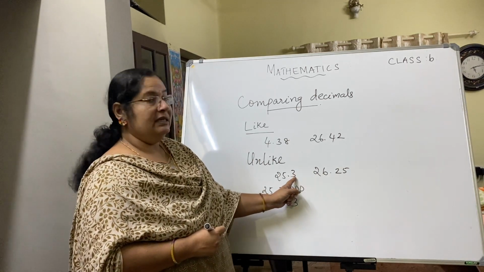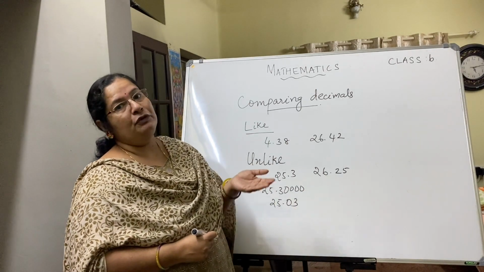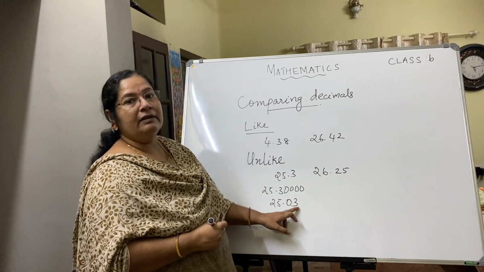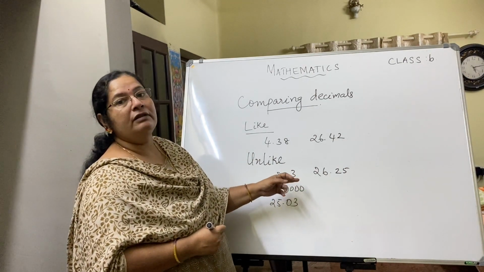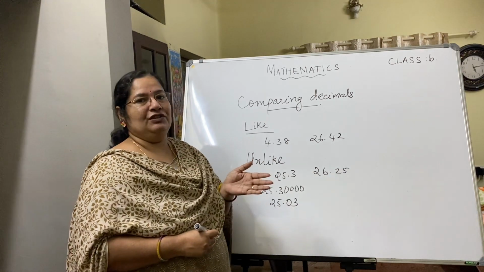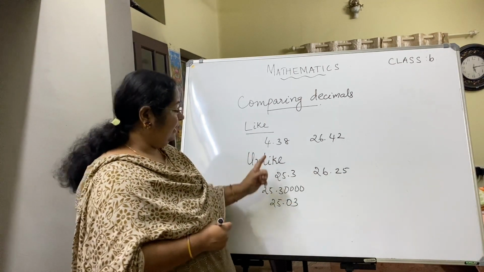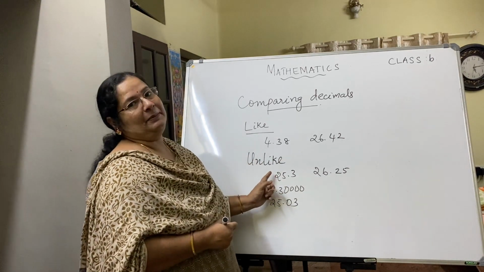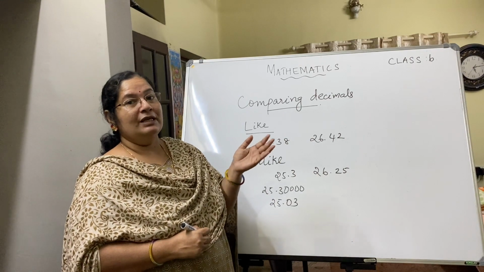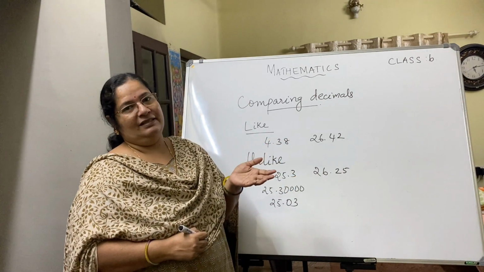But it is in the 10th place only. If 3 comes to the 100th place, then the value is changed. The value of 3 here will be 3 by 100, but here the value is only 3 by 10. So the value of the whole decimal has changed. These two are never the same, but these two are the same. So you can add any number of zeros after the concerned decimal place.